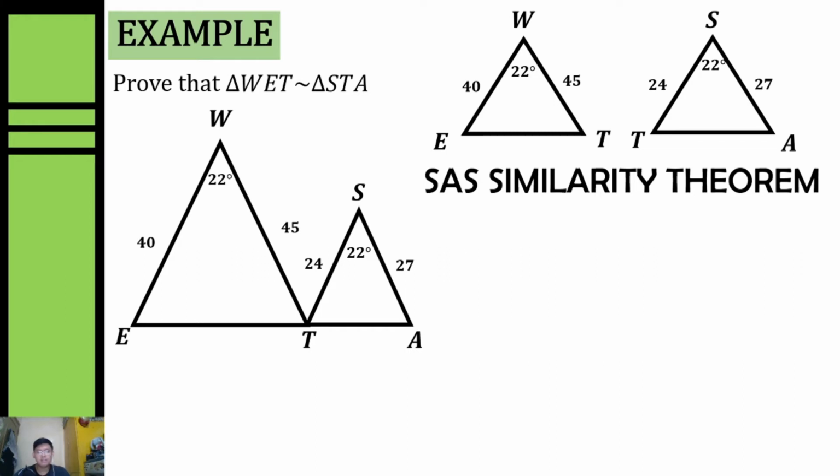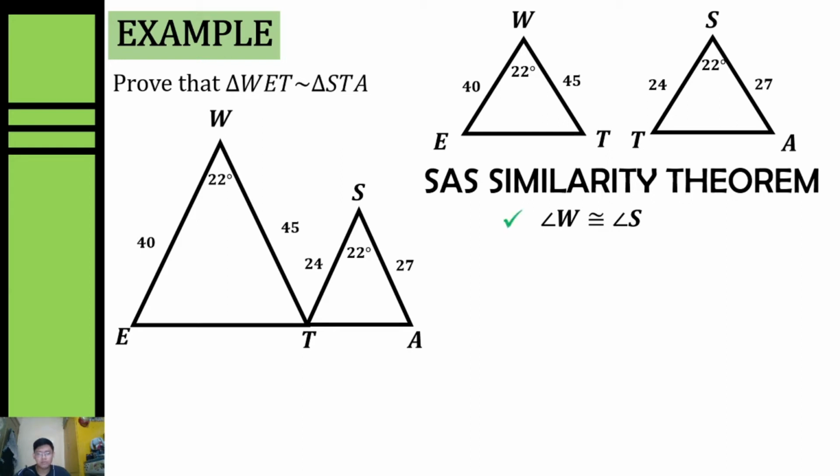First, let's compare the angles. Are the corresponding angles congruent? We can say that angle W and angle S are congruent because they have the same measurement, equal to 22 degrees. Next, let's see if the two sides are proportional to each other.